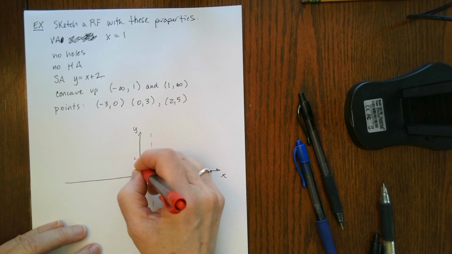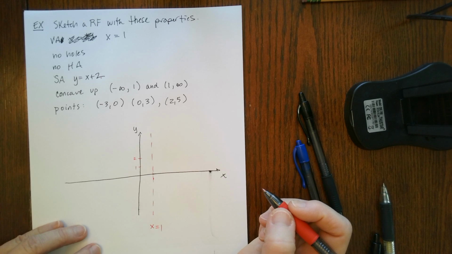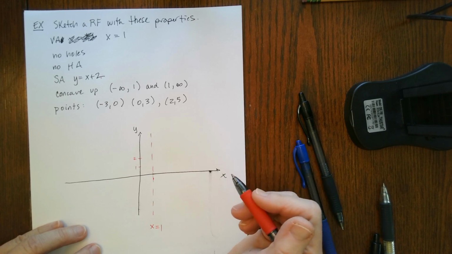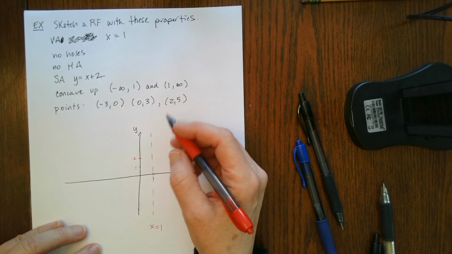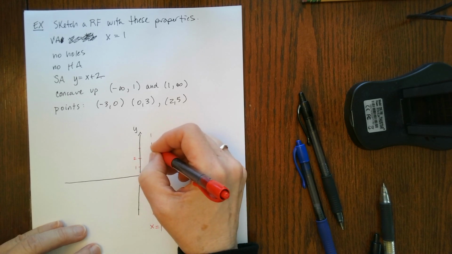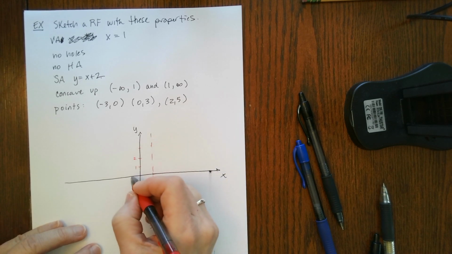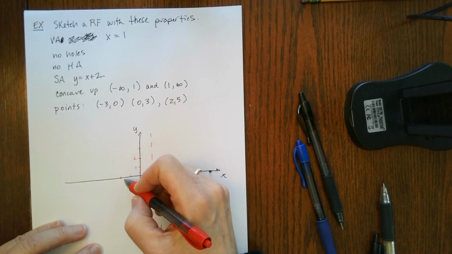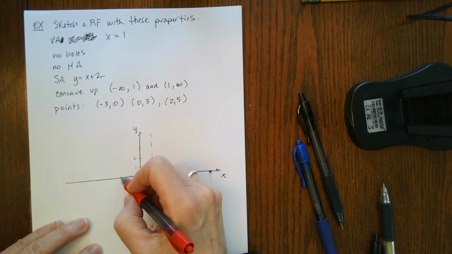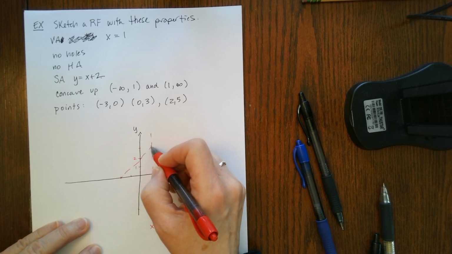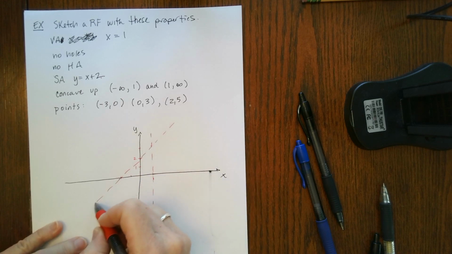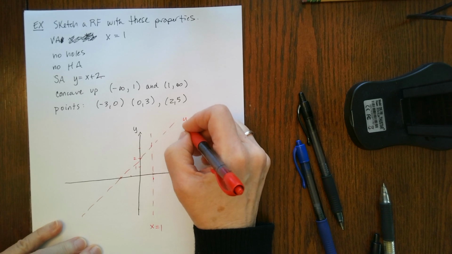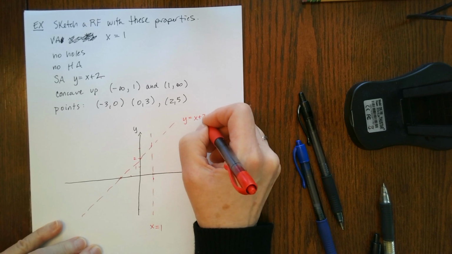Let's put 2 here, 1 here. And it has a slope of 1. So across here, 1, 2. So when x is negative 2, y is 0, so it's going to look something like this. Okay, and this is y equals x plus 2.